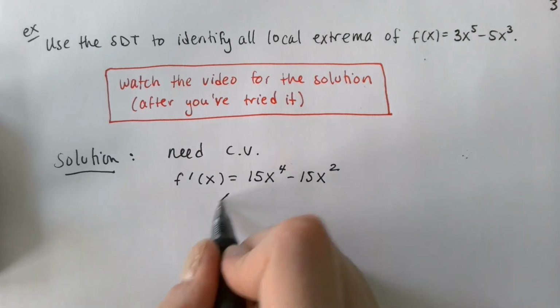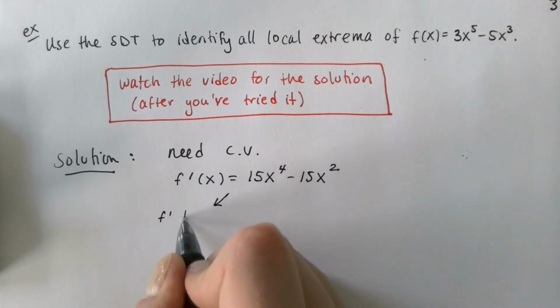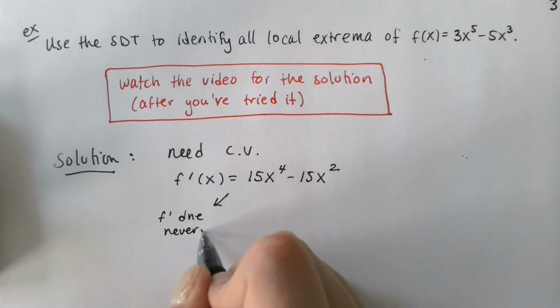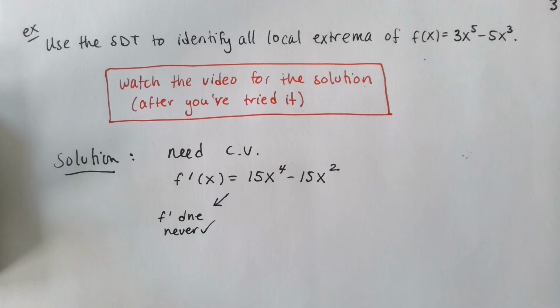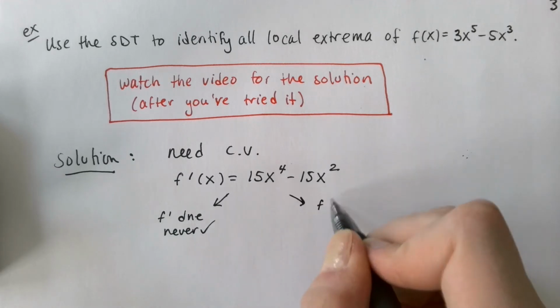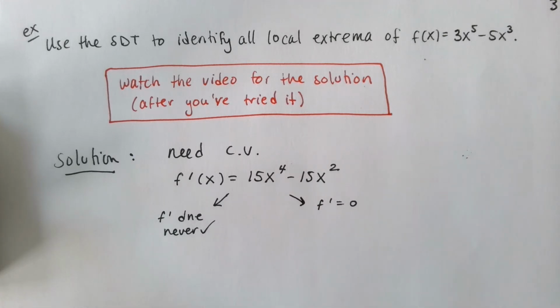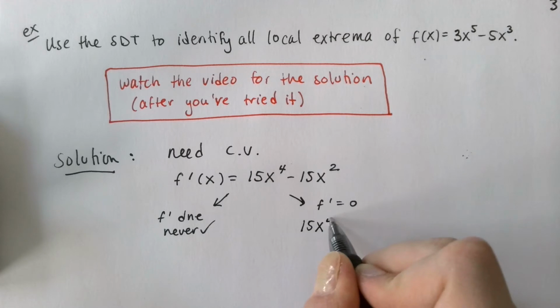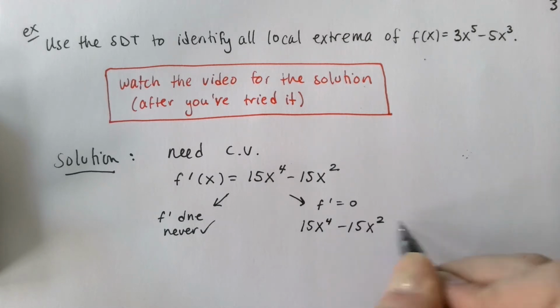We should always consider where this derivative doesn't exist. Because it's a polynomial, we don't have that issue, but I want to remind you that every once in a while that does pop up. Alright, so we just need to set it equal to 0 and solve, and those will be all of our critical values. So I have 15x to the fourth minus 15x squared equals 0.